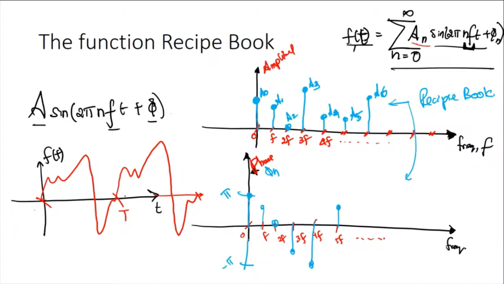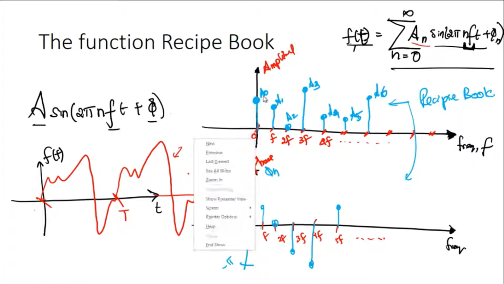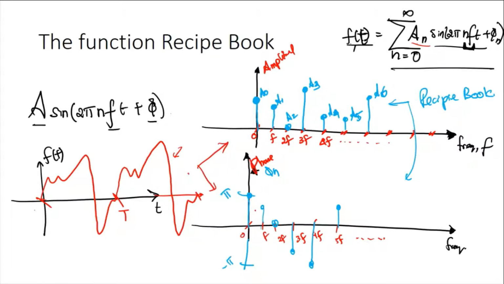So let's look at this periodic function. So this periodic function is equivalent to this. So how do you make this function? You add a sine wave of frequency 0 with amplitude A0 and phase, say, pi by 2. So that is going to be a cos wave. So sine of theta plus pi by 2 is cos theta. So it's going to be just A0 because cos of 0 hertz is just a DC function.